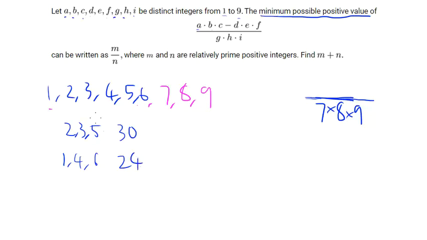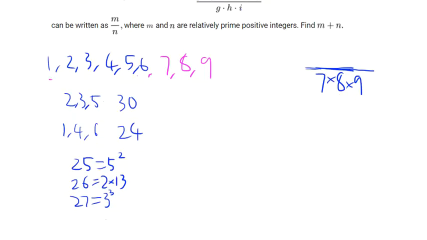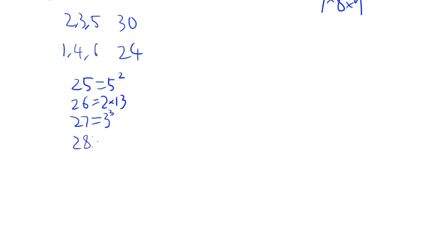Of course, we can't get it smaller because we can't get anything between 24 and 30. Can we get 25? Nope, because 25 needs two 5s, and we only have one 5. 26 is 2 times 13, and we don't have a 13. 27 needs three 3s, and we only have one 3 here and another 3 in this thing. 28 is 4 times 7, but we don't have a 7. 29 is prime, so we can't get 29.